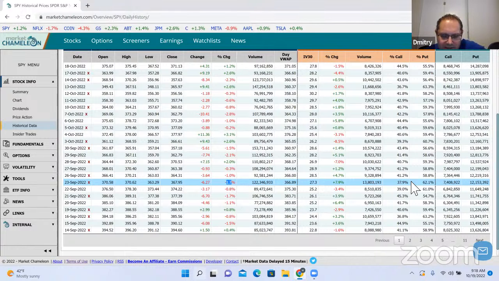Where it doesn't work is on gaps. The reason is that the Black-Scholes model assumes that stock returns are log normal. They're not going to move very fast from one point to the next without you being able to hedge it.